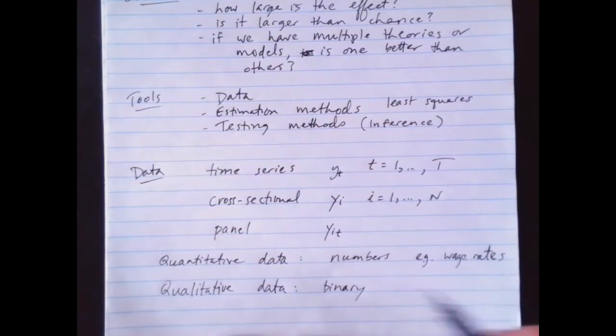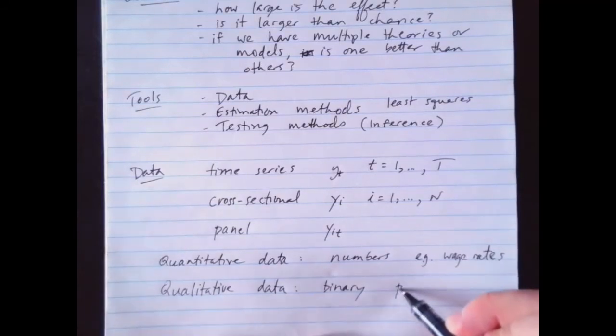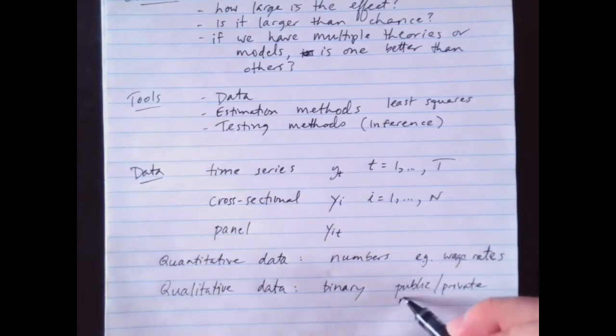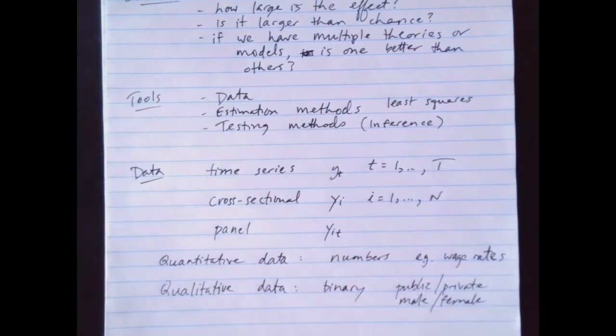So I gave you the example before of students that are in the arts program or are in the agriculture program. So that would be a binary distinction in the data. And you might have also public versus private sector workers. And you might have male versus female workers. So when you're putting your sample together, you have the quantitative data like wage rates, and then you also have binary qualitative indicators.